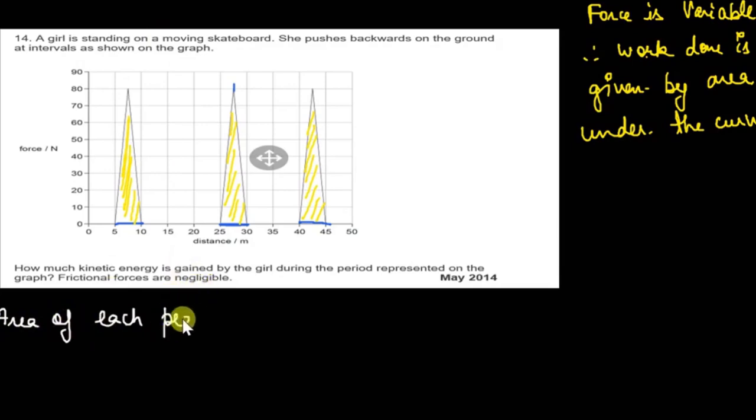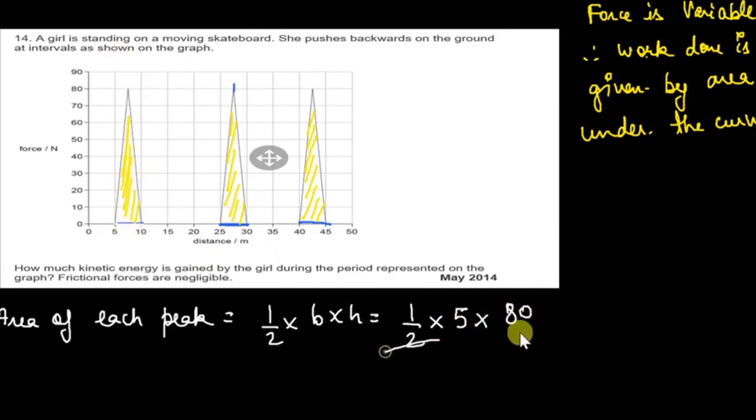So area of each peak is equal to half times base times height. Base of each triangle is 5 meters, times the height. Each time the force rises up to a height of 80 newtons. So half times 5 times 80 is 200 as the area of one peak.